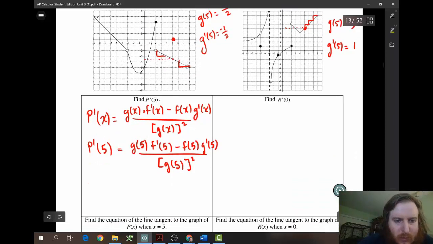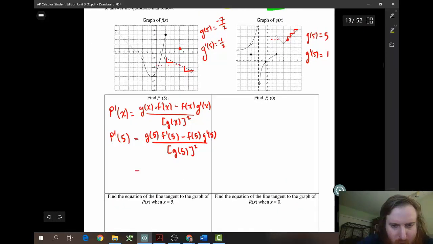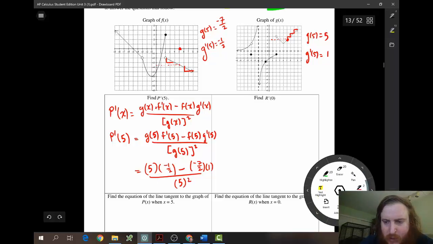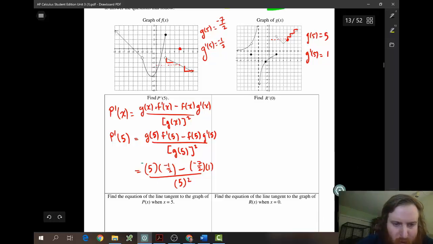So now we can go ahead and just substitute those in. So for g of 5, we're going to get 5 times f prime is negative 1/2. Then minus f of 5, we're going to get negative 7/2 times g prime of 5, we're going to get 1. All divided by g of 5 was 5 squared. And what I'm going to do is multiply everything by 2. So if I do this guy times 2, we'll cancel out.